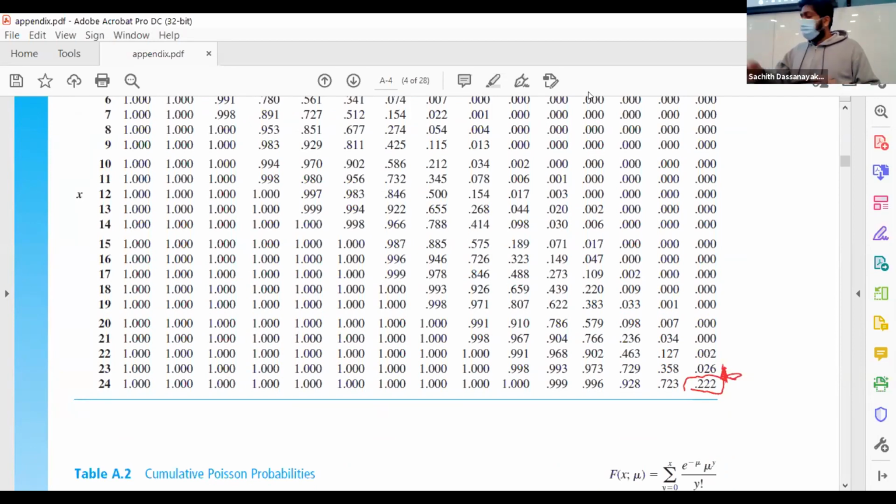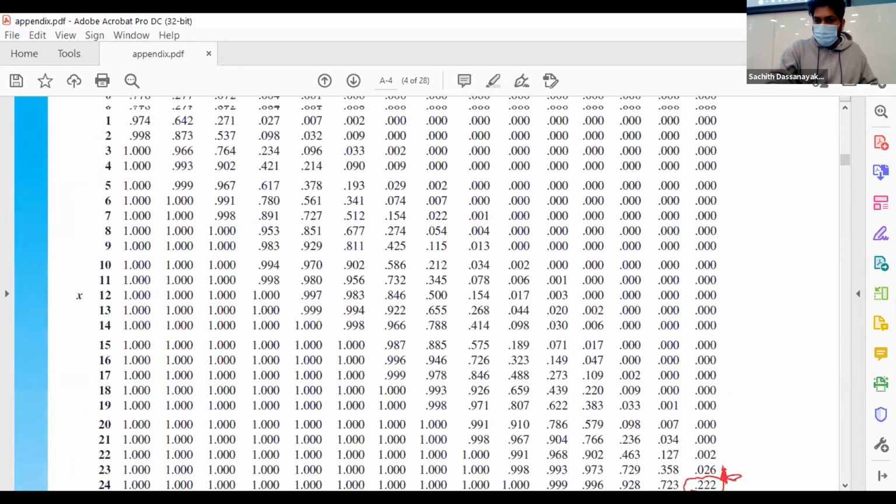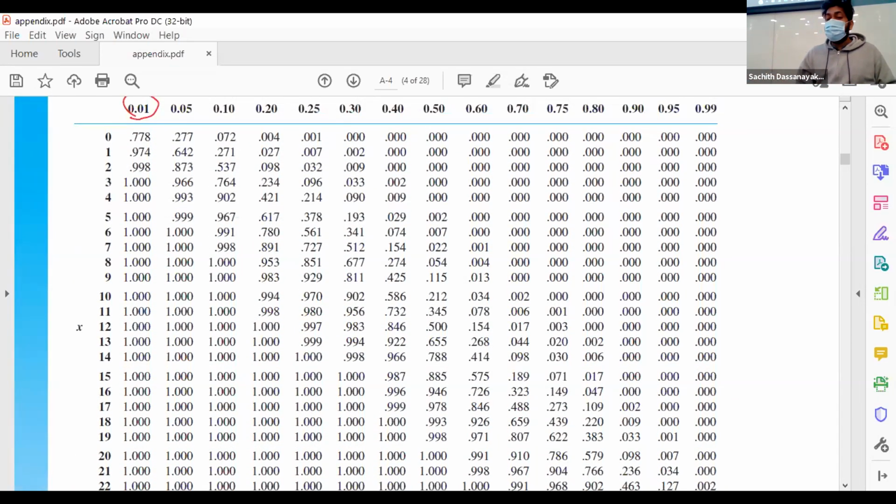See, the probability of having 0 defective, just 0, is 0, which means from 25 you will be having 0 defectives. It is impossible because the probability of having a defective is 0.99.